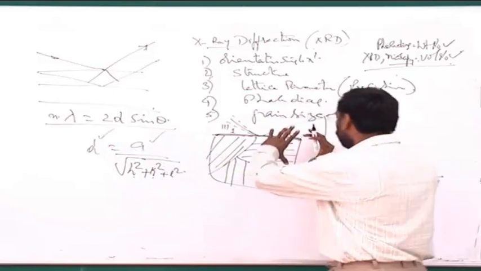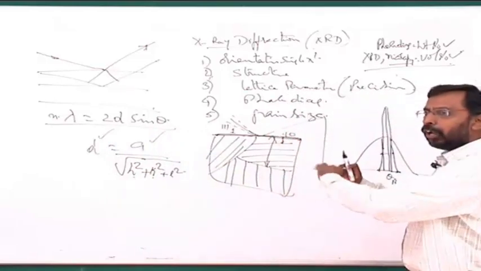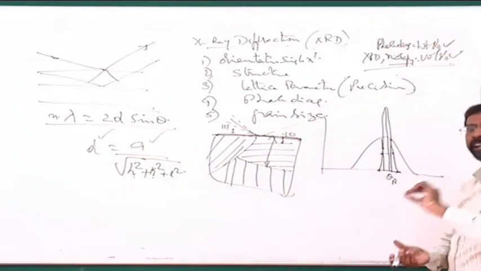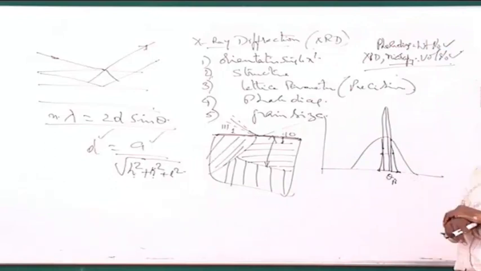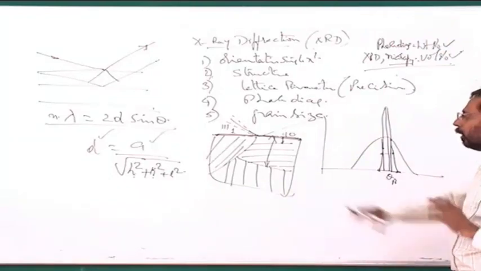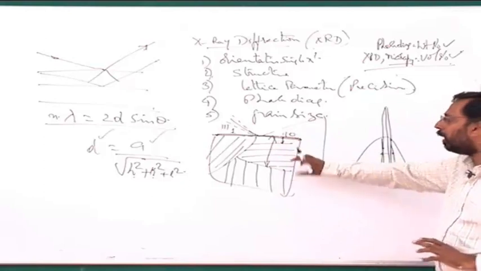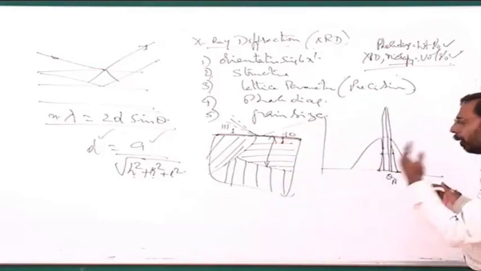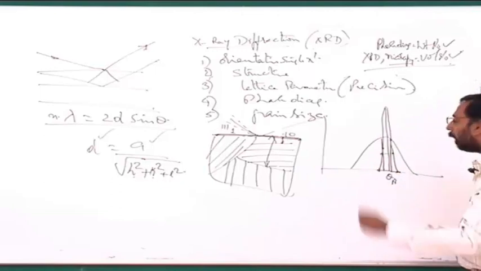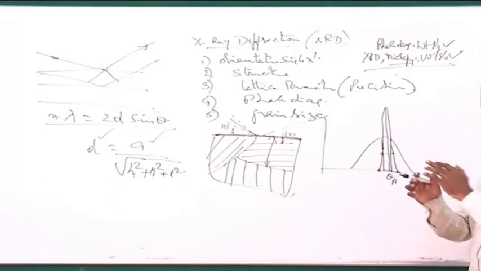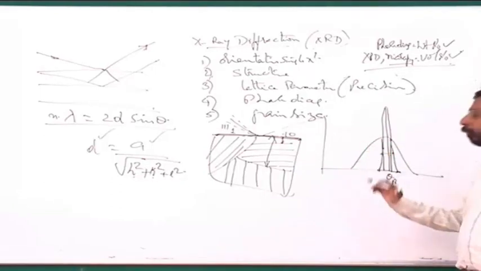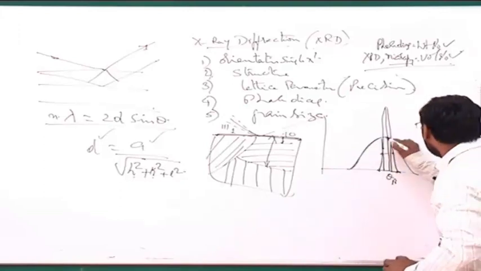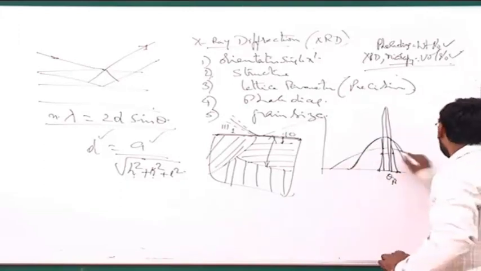So if I am reducing the grain size, going from 100 microns to about 100 nanometers to about 10 nanometers, I am simply reducing the number of planes within that grain. The number of planes undergoing destructive interference will slowly come down, and as a result the peaks become broader and broader.